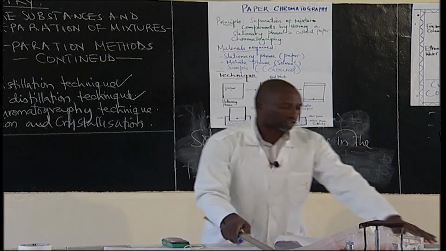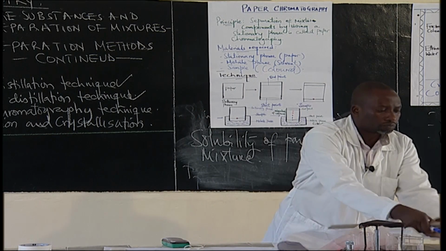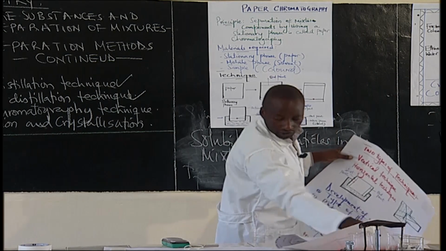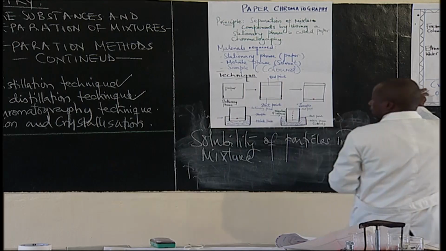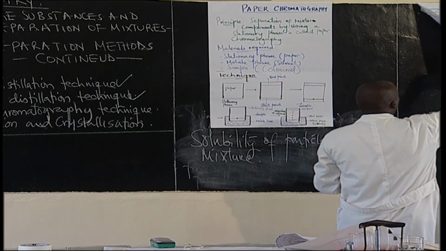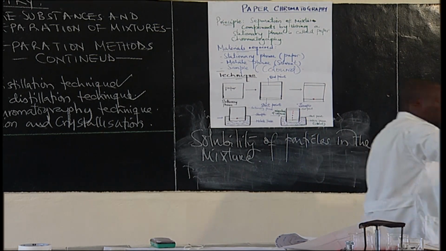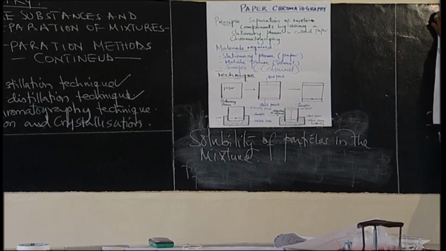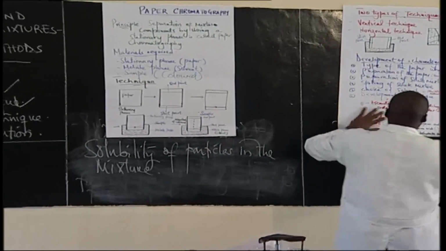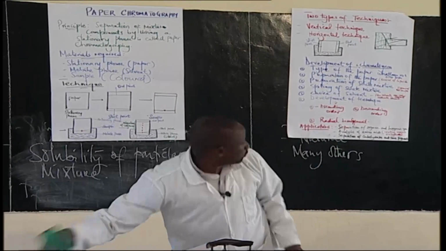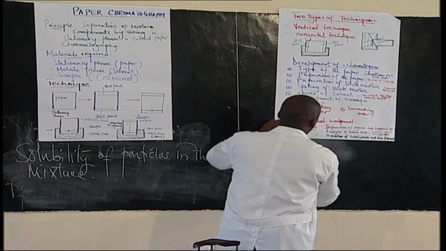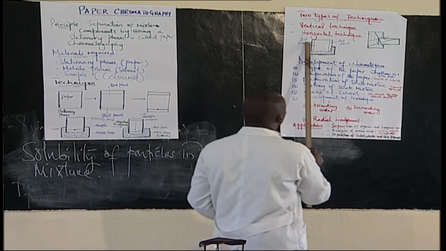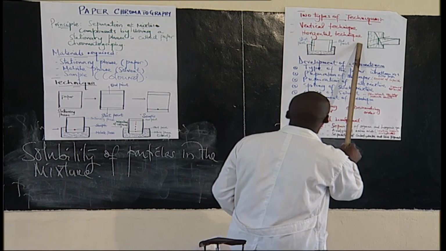That's how it works. And then let's look at the types of the techniques that can be used in the samples that we can use. We are still on the chromatography. So we have the horizontal technique, and then we have the vertical technique.